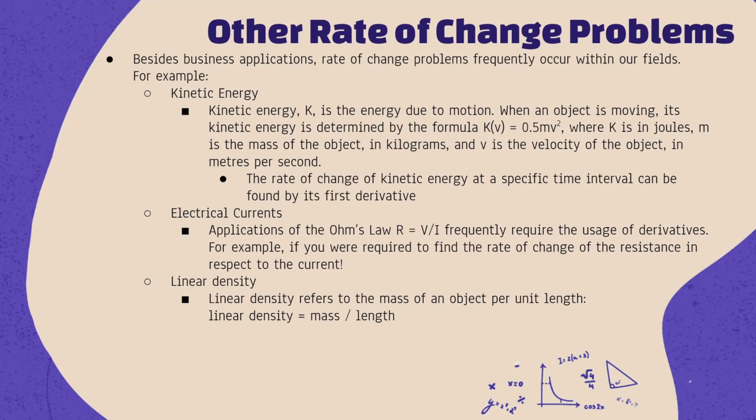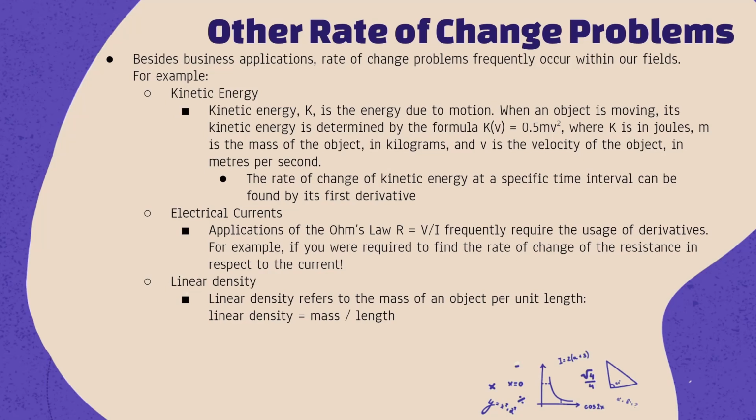So again, when you use Ohm's law, you are going to be required to find the rate of change in resistance, for example, with respect to some current. Since there are 3 different variations of this law, you could get a combination of any 2 of them.